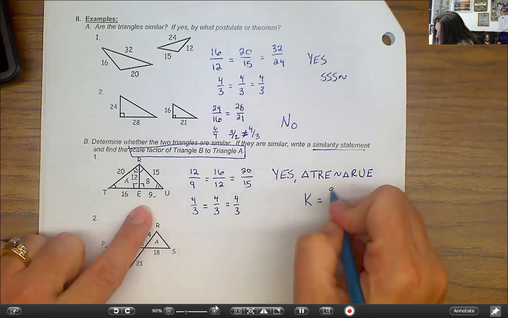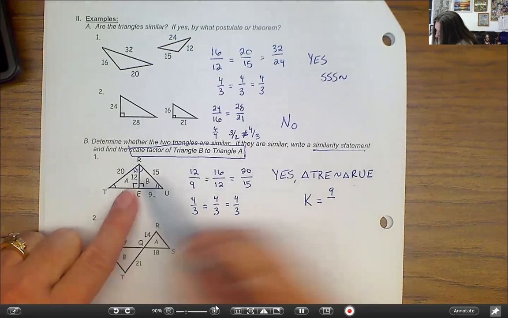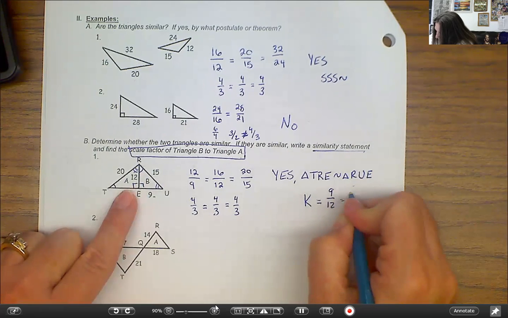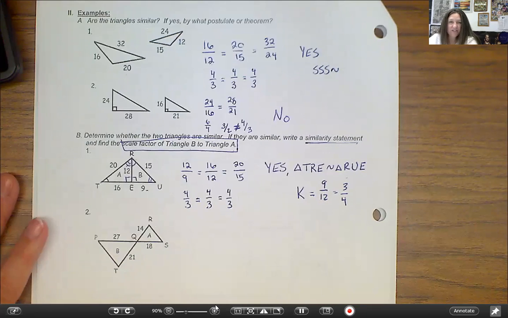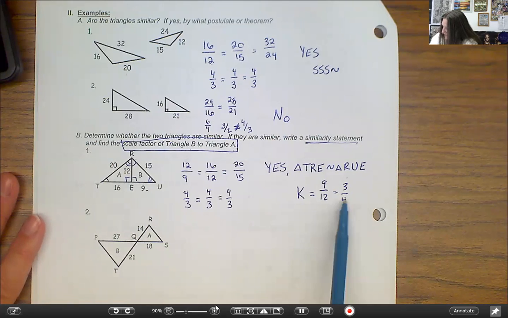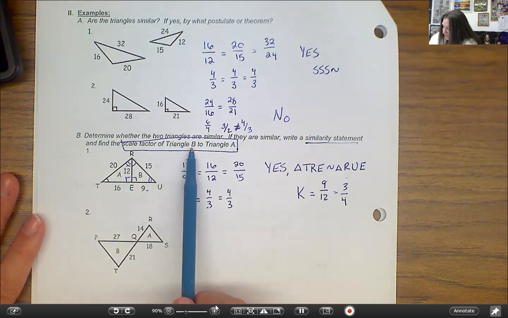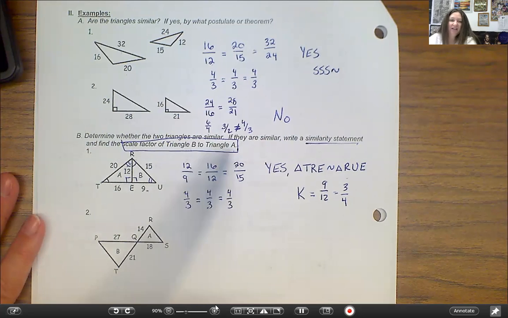I had a side of 9 compared to triangle A of 12. So we would say scale factor here of 3/4. If I look at that, I can see the scale factor is less than 1. That should tell me that triangle B is smaller than triangle A, and you can see that from your picture.